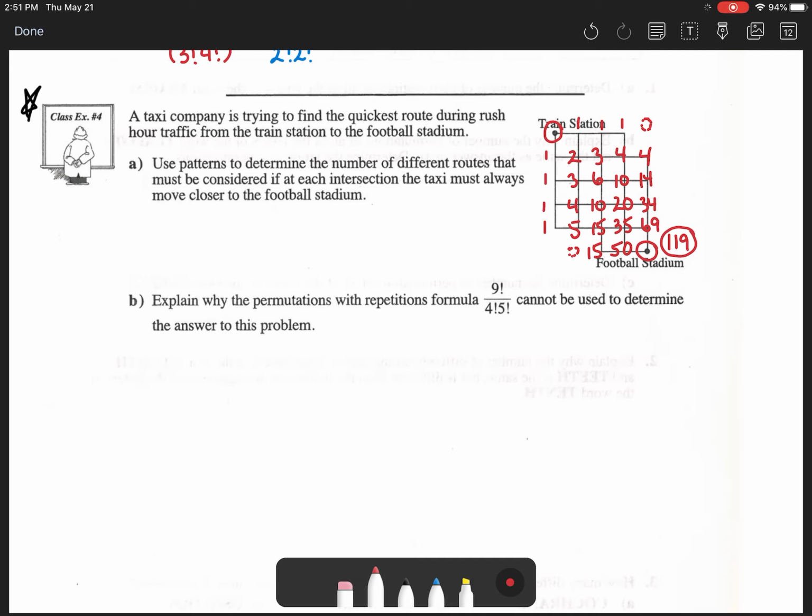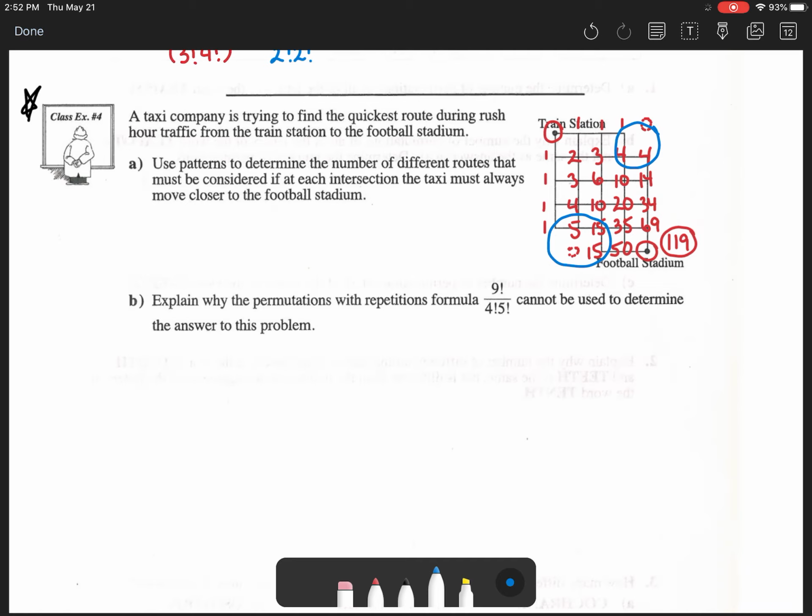In B, it says explain why with repetitions 9 factorial over 4 factorial, 5 factorial can't be used. Okay, so the reason is that since there are gaps in the rectangle, so here there's a gap, okay, and here there's a gap. So since there are gaps in the rectangle, not every single arrangement or pathway will be 4 east and 5 south, or 4 to the right and 5 down.